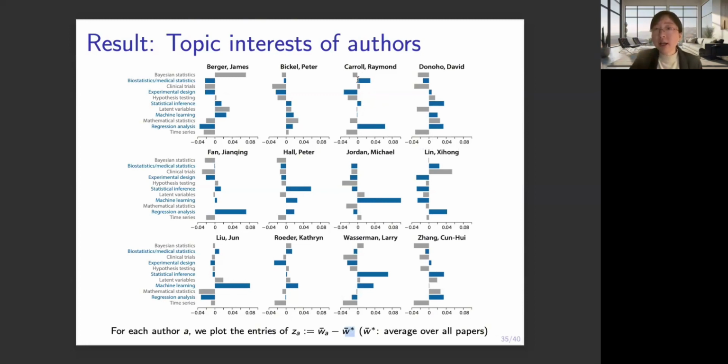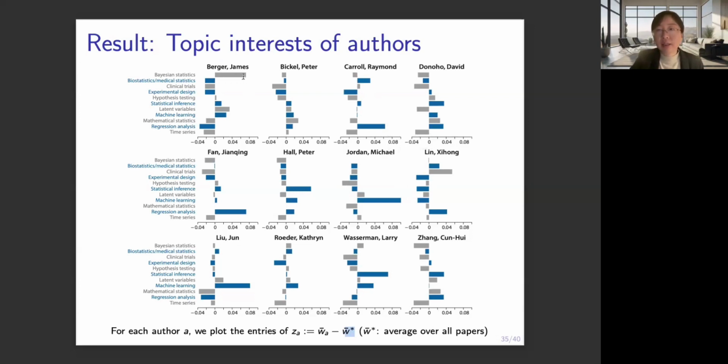If an author has a positive entry somewhere here, it shows that this author has a higher than average interest in this topic. For example, for Professor Carroll, we can see that he has higher than average interest in regression analysis. As I mentioned, this includes the non-parametric and semi-parametric regression research. And he also has higher than average interest in biostatistics and medical statistics.